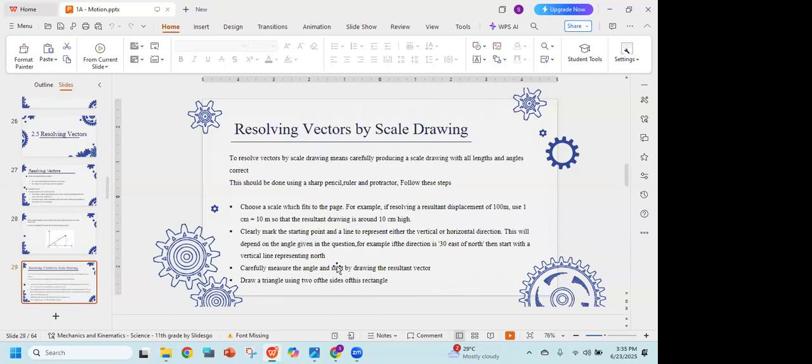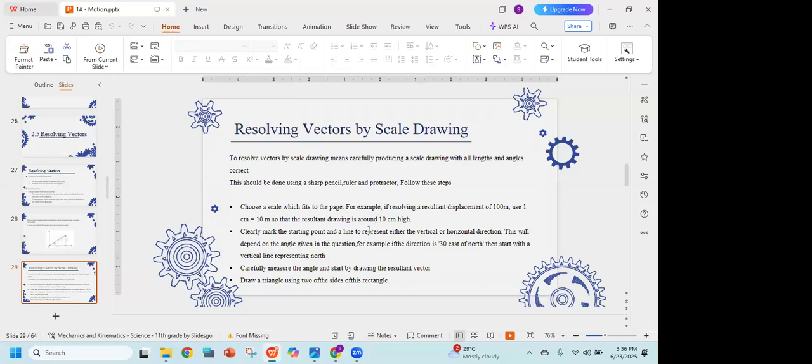So when it comes to resolving vectors, it's very important to choose a scale that can fit into a page. For example, if resolving a resultant displacement of 100 meters, use 1 centimeter equal to 10 meters, so that the resultant drawing is only 10 centimeters high.